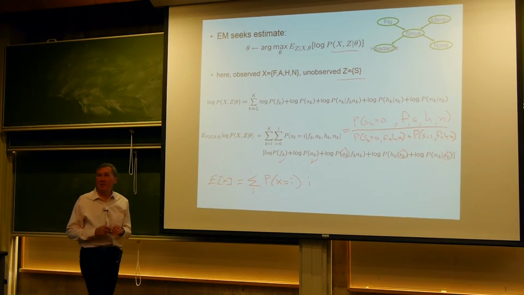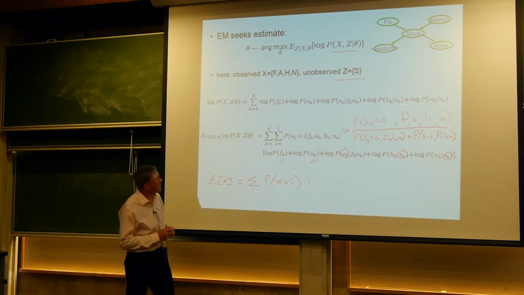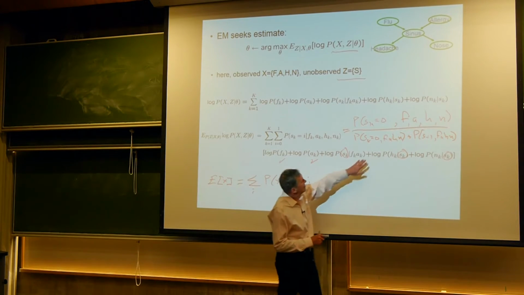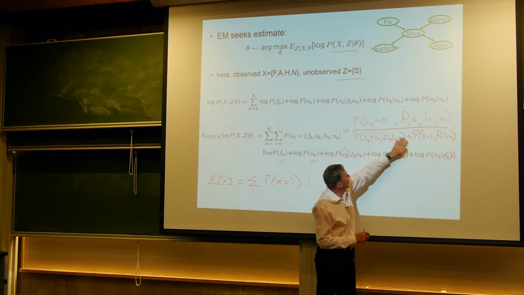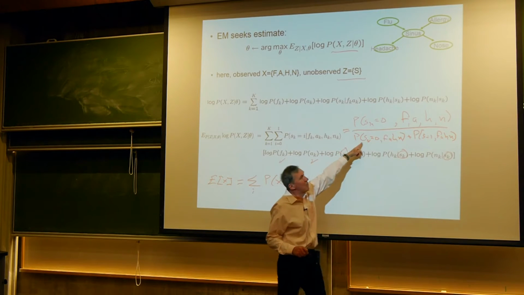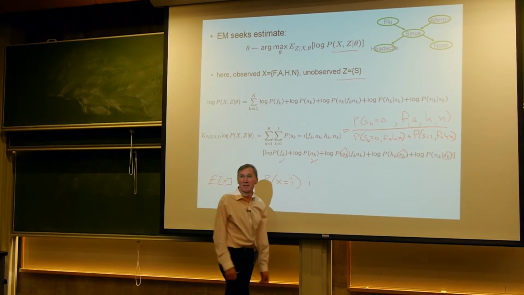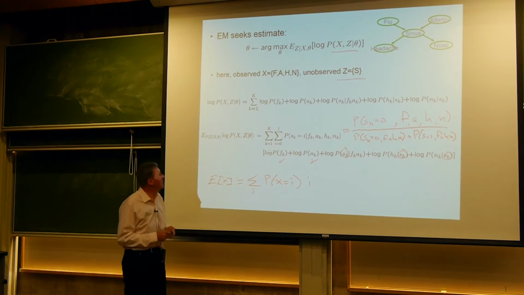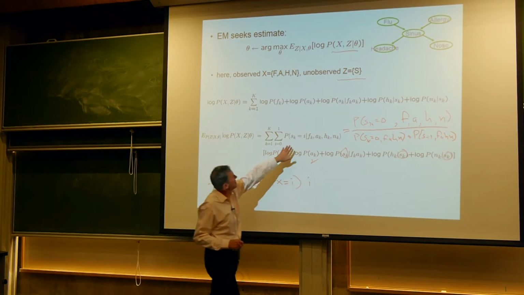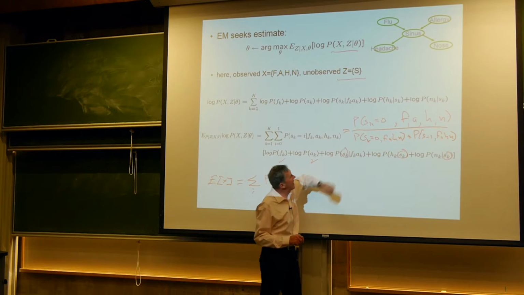Definition of conditional probability, right? It's just the probability of s being 0 over the probability of all the other things being true, marginalizing out s. You knew that before we started talking about EM. Okay, so this is an easy thing to compute from our Bayes net.